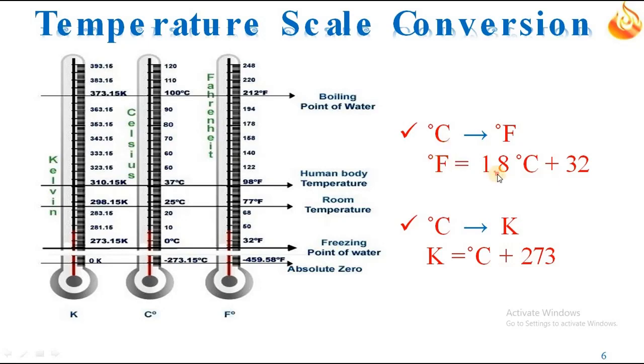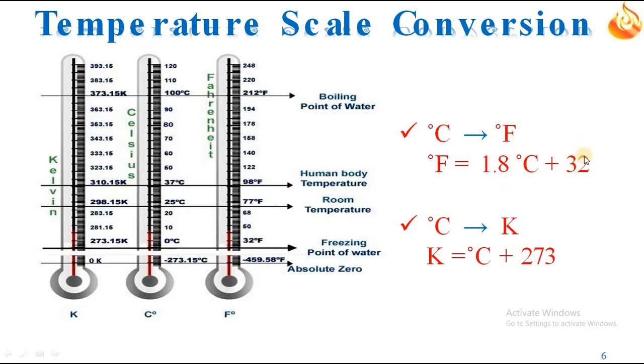So you have to just multiply, just a minute. Say for example, if I give you a temperature in degree Celsius as 10 degrees Celsius, and if I ask you to convert this 10 degree Celsius into degree Fahrenheit, then what you have to do is multiply that 10 with 1.8 and add 32 to that value.